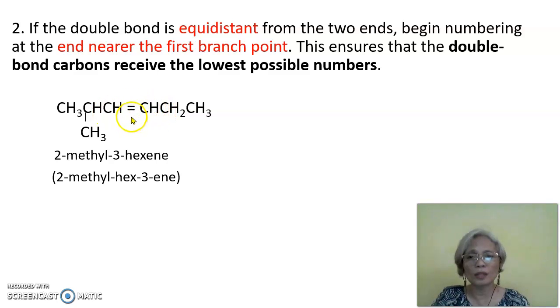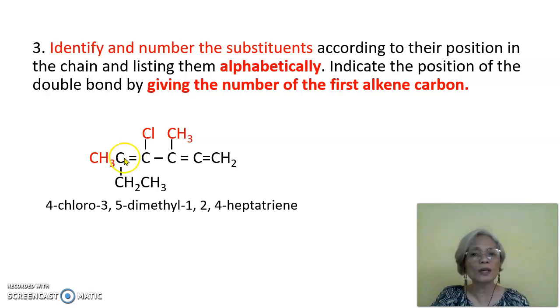So, we have 3-hexene, but there is a methyl substituent at carbon number 2. So, this is 2-methyl-3-hexene or 2-methylhex-3-ene. Now, if there is more than one substituent, we should identify and number the substituents according to their position in the chain while listing them alphabetically.